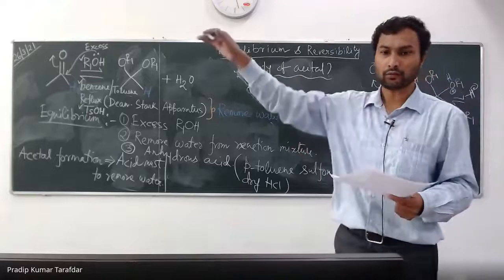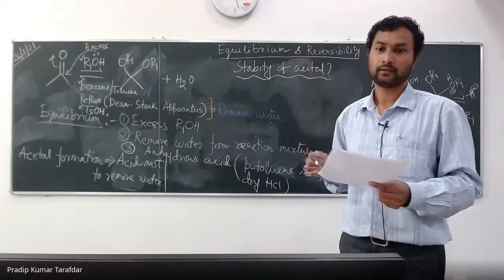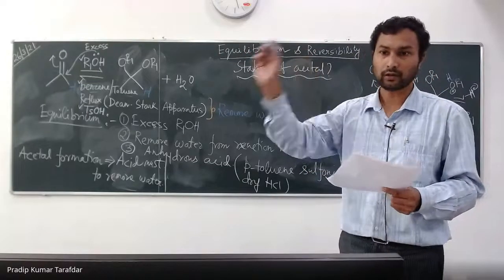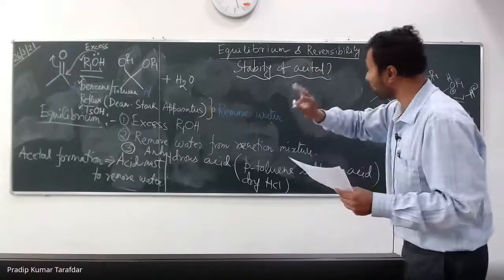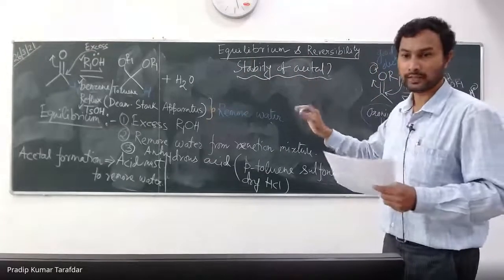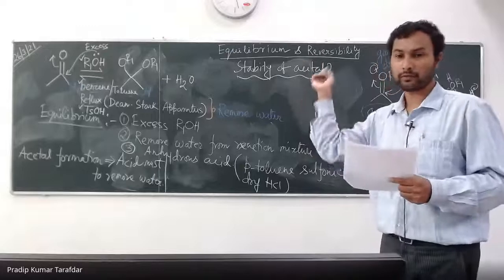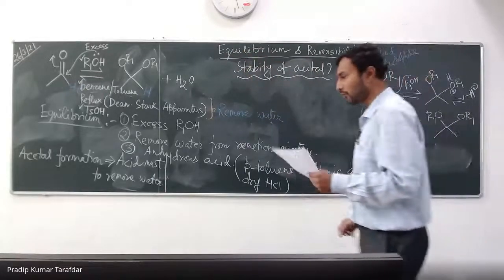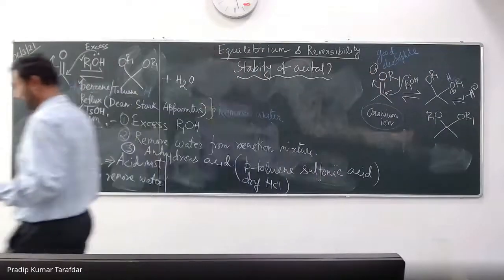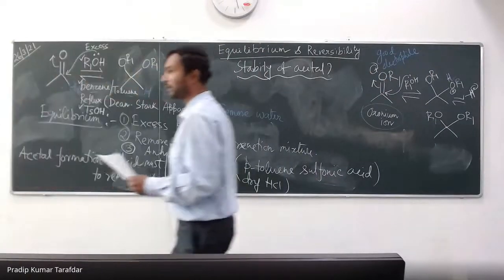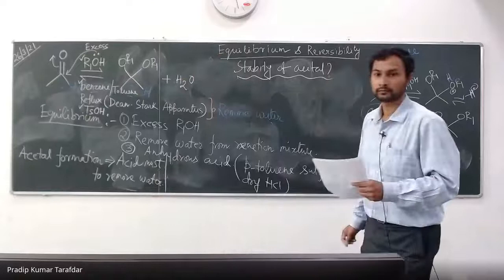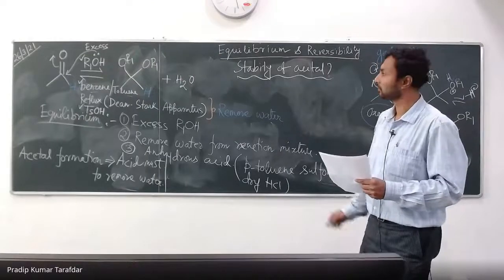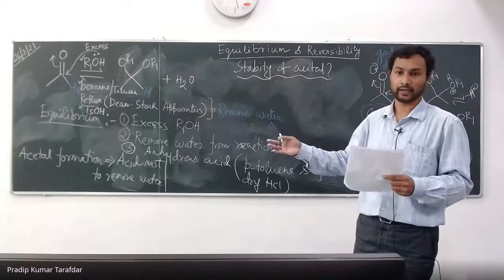They will go in the backward direction, because the forward step is reversible. That means if I know how to walk this way, I can also know how to walk back. So that is the beauty of this reversible reaction.